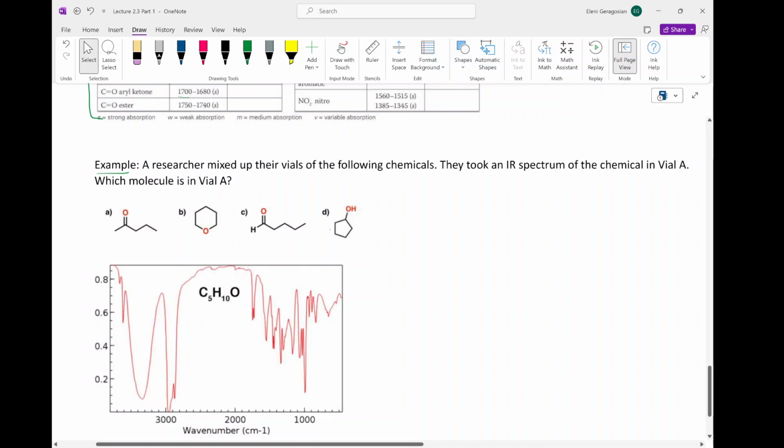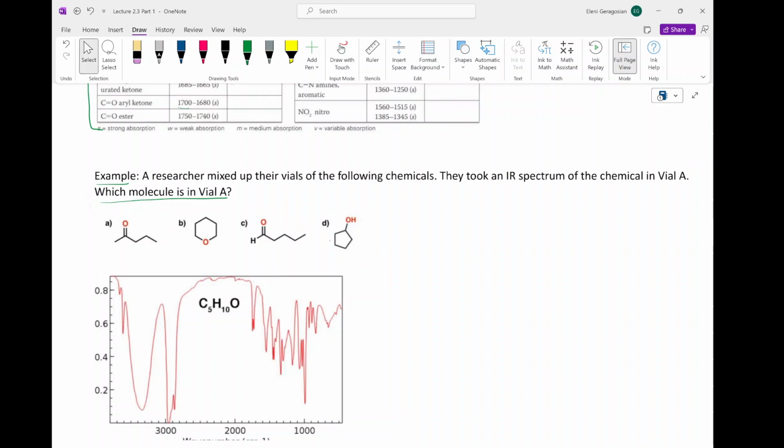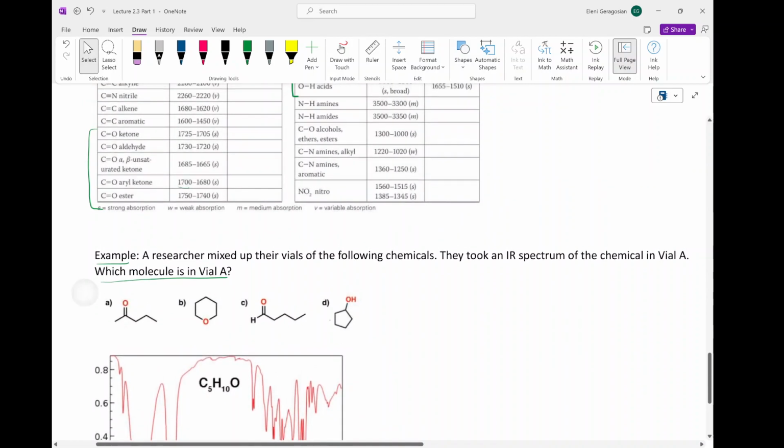From the IR spectrum, can we determine what molecule is in vial A? If we look at the first molecule here, there is a carbon to oxygen double bond. Carbon to oxygen double bonds, this is one specific peak that is useful to recognize if it's there or not in an IR spectrum.